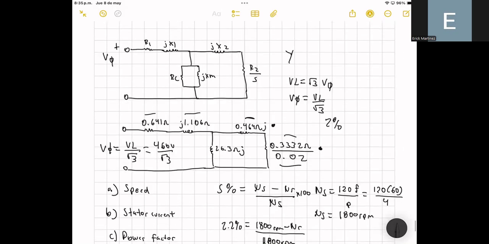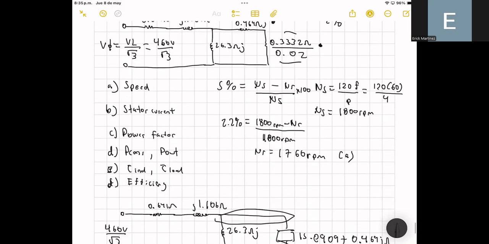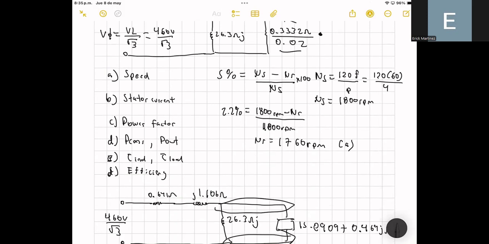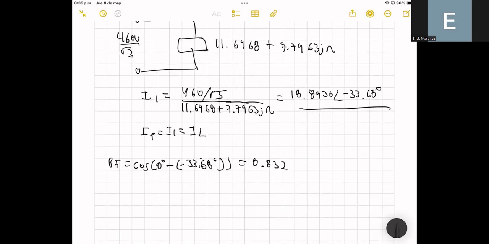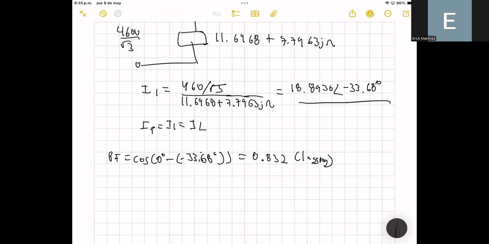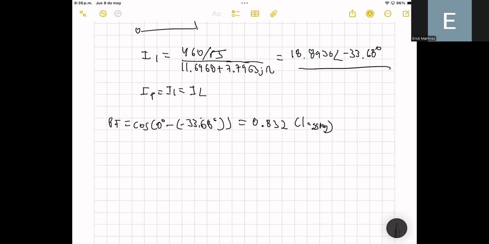And the easy way is to see that, well, in the induction motor, we have only inductors. So since we have a purely inductive load, we can say that the power factor is lagging, okay, because we only have inductors in our circuit. But another way to know that this power factor is lagging is to take the phase angle of the voltage, that is 0 degrees, and this is the phase angle of the current, that is minus 33.68 degrees, and this is the current.